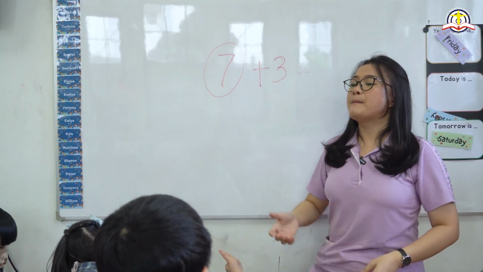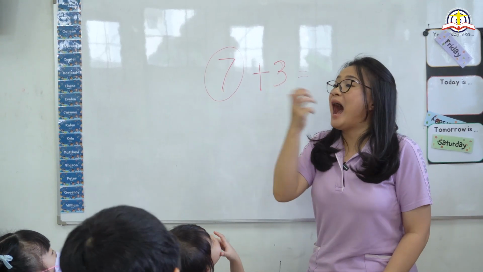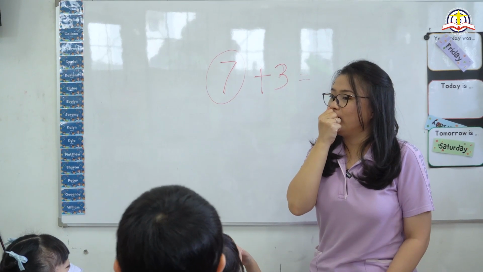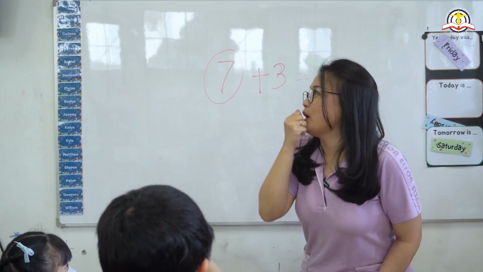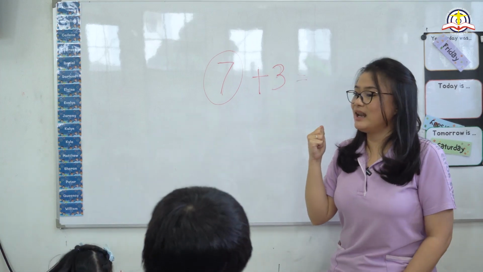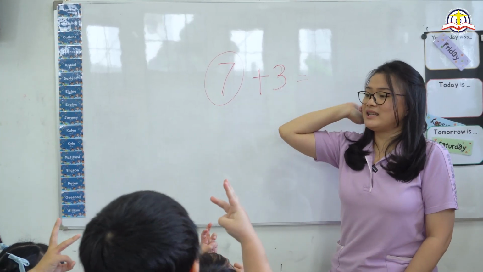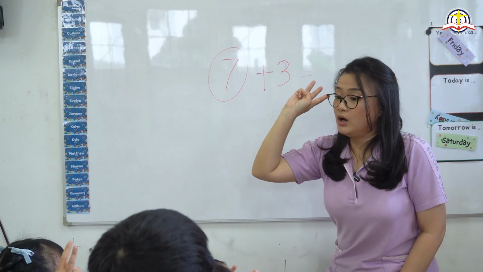Show the child how to assign a number to each finger, starting with the thumb as 1, the pointer finger as 2, the middle finger as 3, and so on. We encourage the children to count their fingers aloud as they assign each finger a number. After the children understand how to assign numbers to fingers, we can give an example for them.